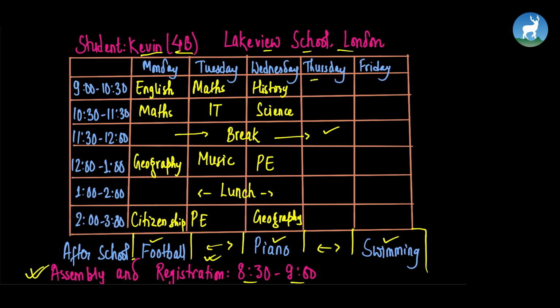On Thursday they have English first, second maths, again they have the short break of half an hour. Next they learn drama, then they have their IT classes, and then they go home as they don't have anything scheduled after school on Thursdays.